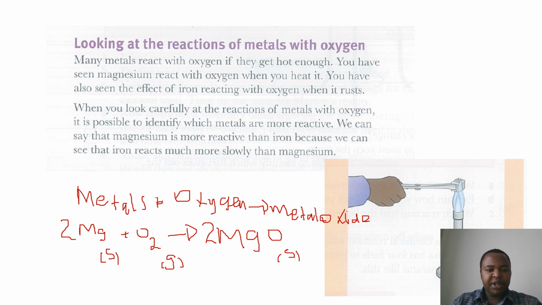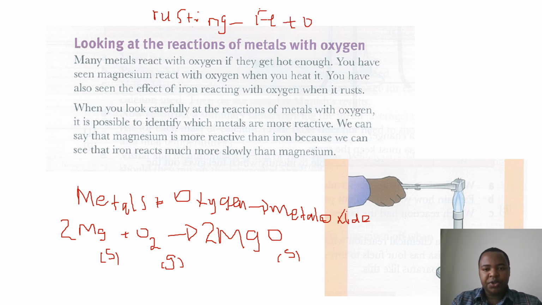Again, in terms of reactivity, the way different metals react with oxygen is different. Some metals react very violently with oxygen, and some reactions with oxygen are very fast. For example, we looked at rusting, which is the reaction of iron and oxygen. This is an example of a very slow reaction, when iron reacts with oxygen in the presence of water to make rust.